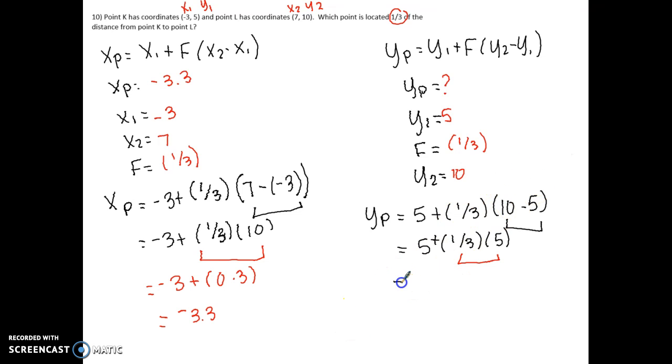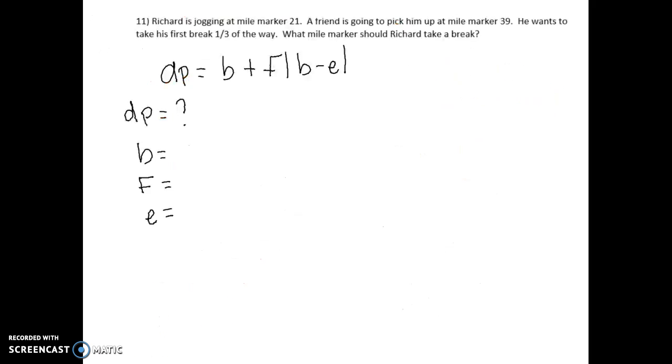So we would say 5 plus 1.6, and 5 plus 1.6 gives us 6.6. So we can come up over here and erase this and say that yp is 6.6.